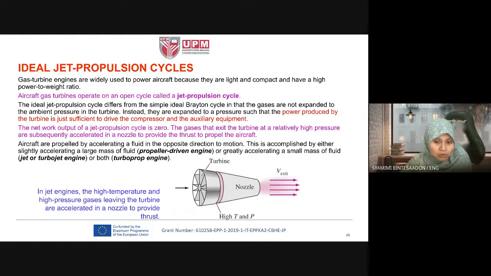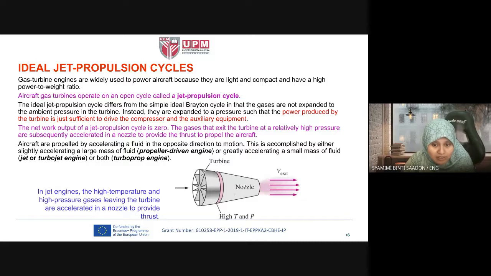This is to evaluate the performance of an aircraft. Aircraft are propelled by accelerating a fluid in the opposite direction to motion. After the turbine, in the power plant we don't have a nozzle, but for the aircraft engine jet propulsion cycle we have a nozzle.